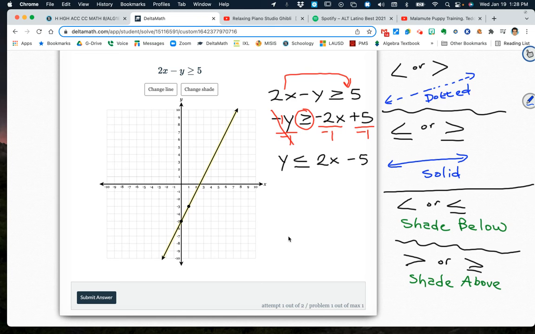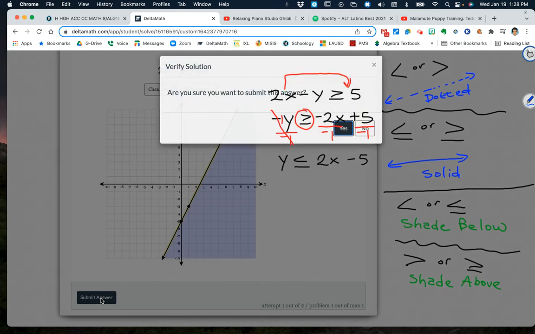This is less than, so I'm going to call this region 1, region 2. Which region do I shade, 1 or 2? 2. Okay? So again, imagine you're that little ant going left to right. It's going to be here. That's the side we shade.